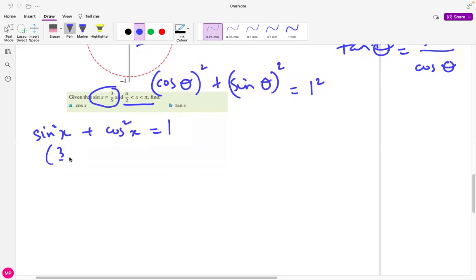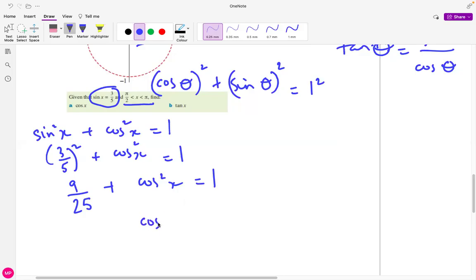So I sub that as 3/5 and square that, plus cos squared of x equals 1. 3/5 squared is 3 times 3, 9, 5 times 5, 25, plus cos squared of x equals 1. Now you're going to take 9 over 25 over, so cos squared of x equals 1 minus 9 over 25, which is 16 over 25.